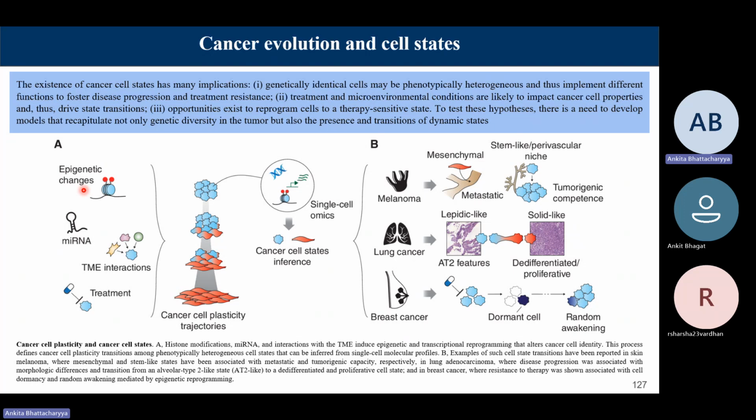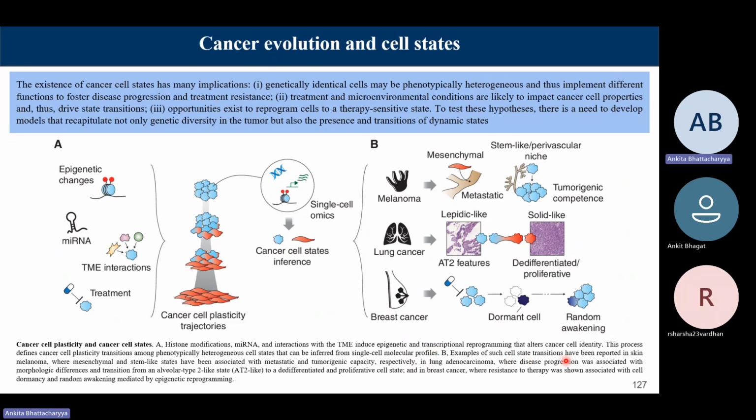They all can induce epigenetic and transcriptional reprogramming that eventually can alter the cancer cell identity. This process defines cancer cell plasticity, transitions among phenotypically very heterogeneous cell states that can be inferred from single cell molecular profiles. So what does it mean? It means that you are defining cancer cell plasticity as the transition from one state to another, which are quite heterogeneous, and this can most commonly be inferred from single cell molecular profiles.